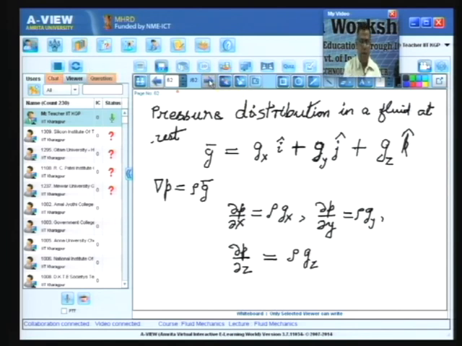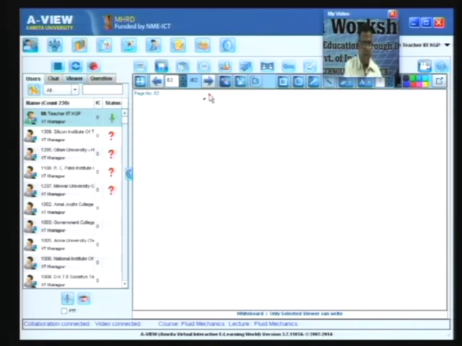Now, let us start with the first equation. We will do it for the case when the density is constant and g x, g y, g z are anyway constants. So, you have del p del x equal to a constant which is given by rho g x.